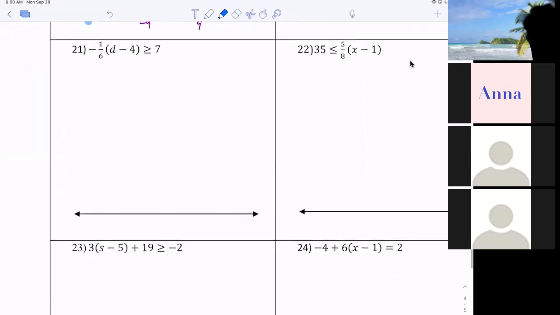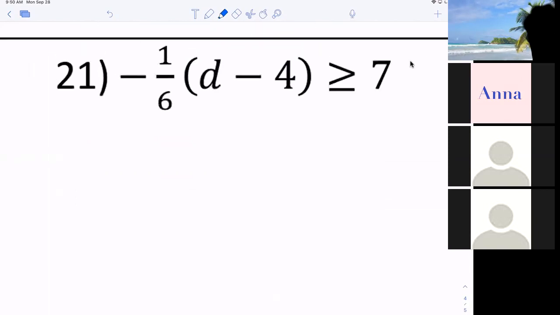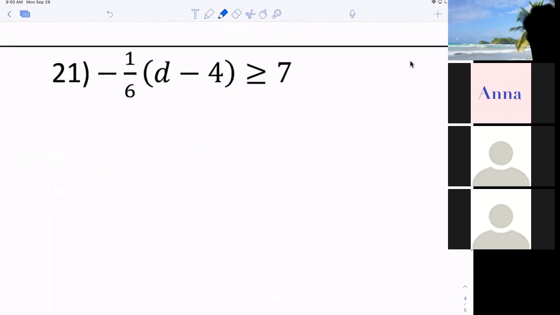Number 21. Help me with this one. What do I do? Go ahead, Connor. Well, you can either distribute. No, I'm not distributing a fraction. Multiply by the reciprocal. And what is the reciprocal? Negative 6.